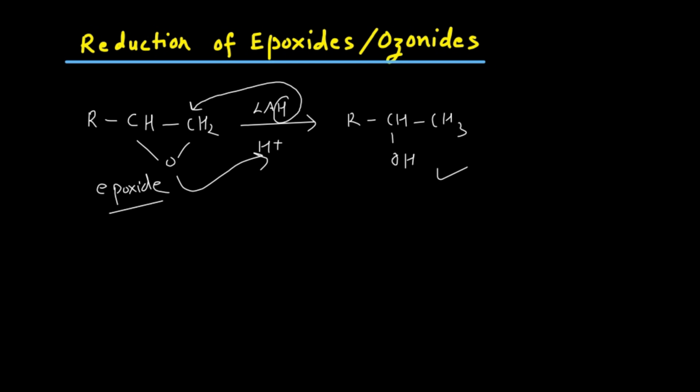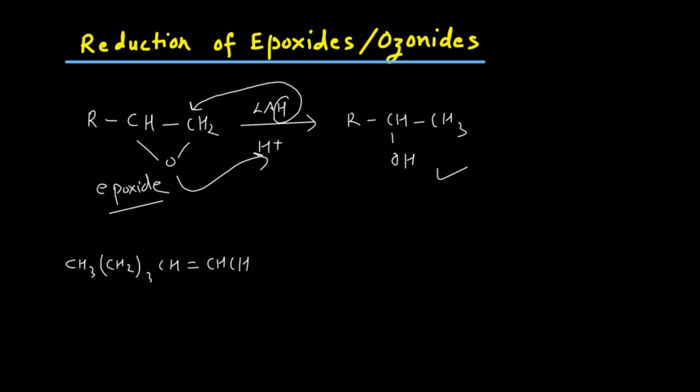And when you have ozonides, for example, say you have this one, this is your CH3, and this is CH2 three times, and this is your CH double bond CH3.